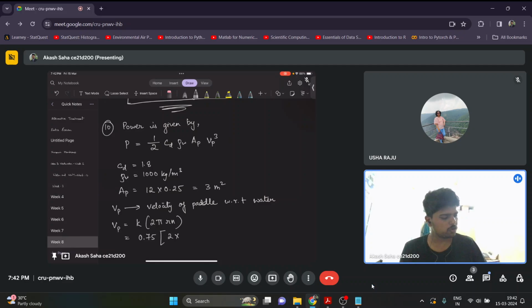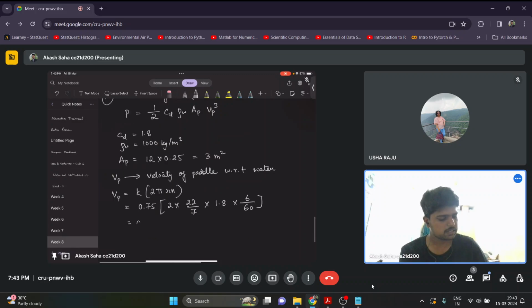Then 2 into 22 by 7. Now R is the radius from the shaft, so that is 1.8 given in the question. And 6 revolutions per minute, so it will be 6 by 60. So my n value is 6 by 60. So this is the velocity of paddle, and we will get it as 0.8478 meter per second.